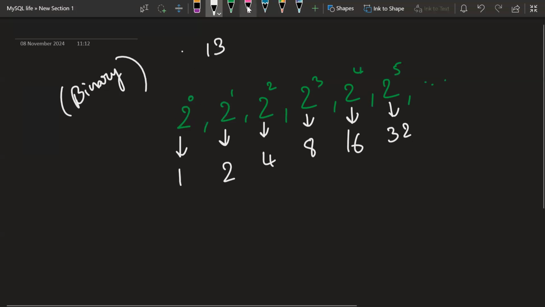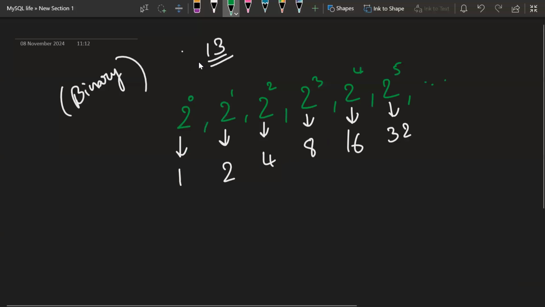So now, if we want to convert any number into binary form, we have to compare that particular number with the forms of this 2 to the power. For example, we have 2 to the power 0 as 1 and 2, 4, 8, 16, 32. We need to compare this particular number that is 13 with all of these numbers and figure out where it fits very well.